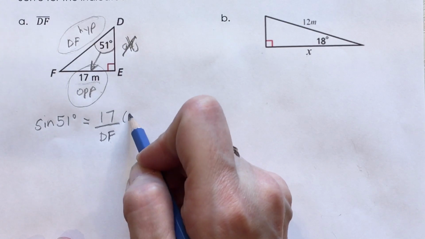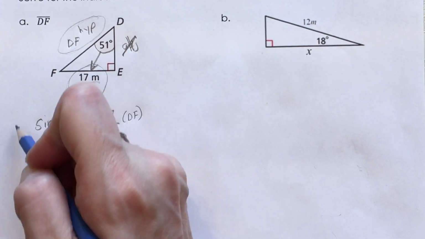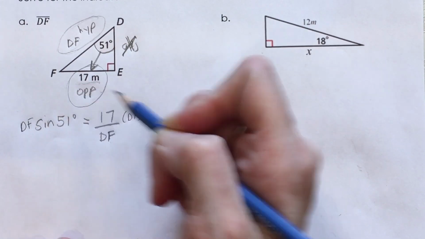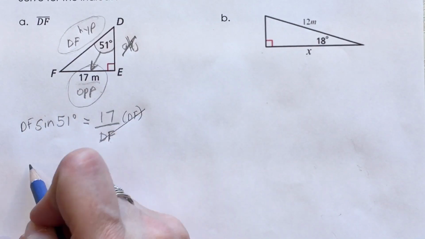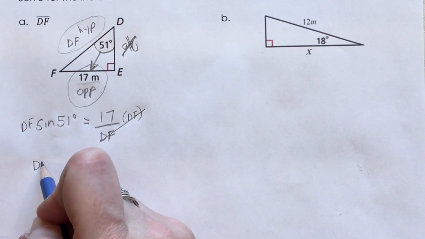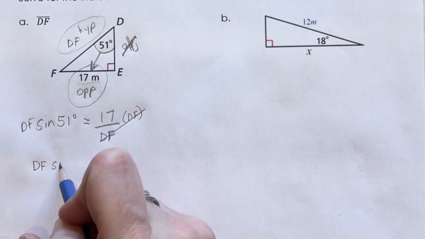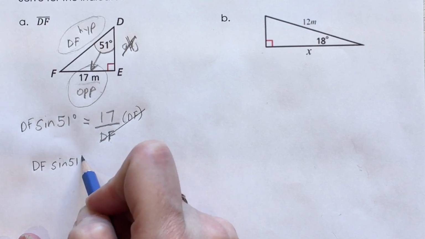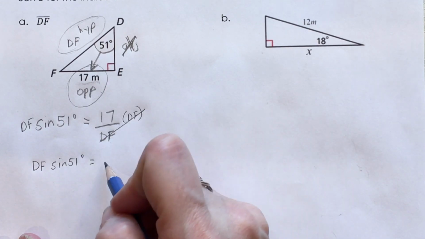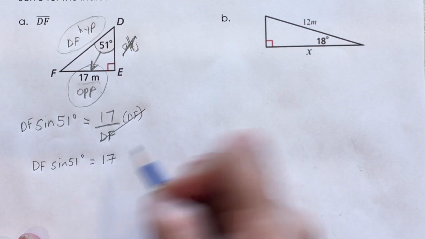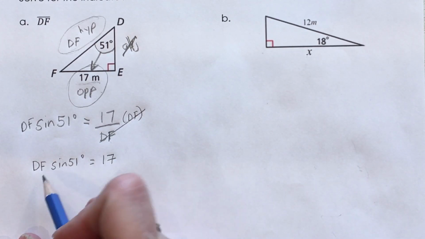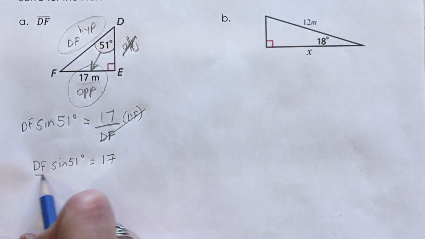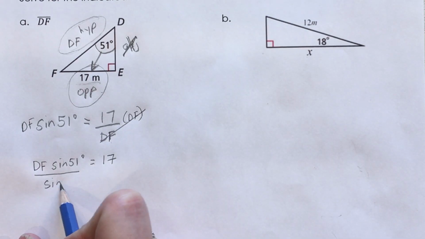So we're going to multiply both sides by side DF. And those will cancel. Then we'll be left with DF times the sine of 51 degrees, which is a number that you can get from your calculator, is equal to 17. Then if I want to get DF by itself, I would divide both sides by the sine of 51 degrees.